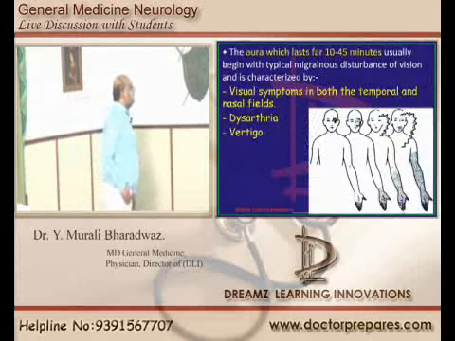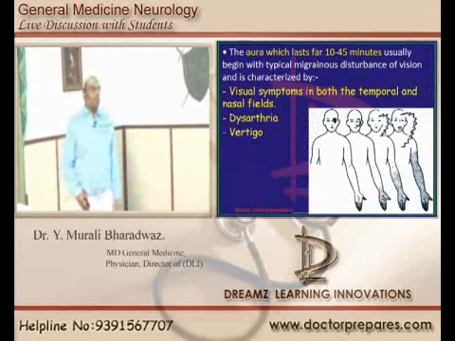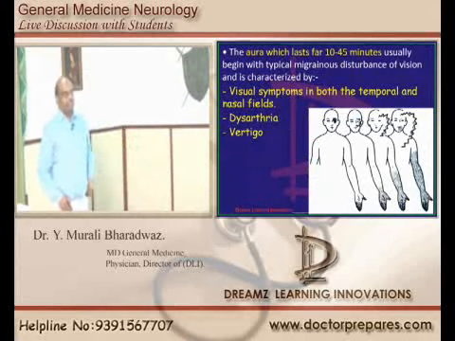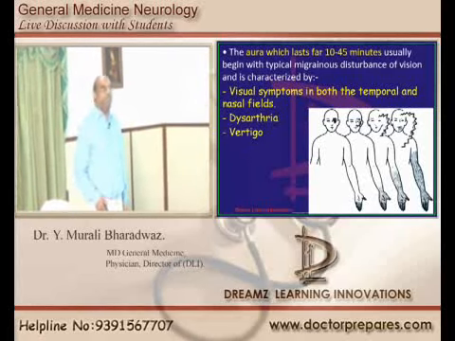There will be an aura, which will typically precede it, and it mimics an ischemic stroke of the brain stem. This kind of aura will last for 10 to 45 minutes, and there will be visual symptoms in both temporal and nasal fields with dysarthria and vertigo. Why dysarthria?